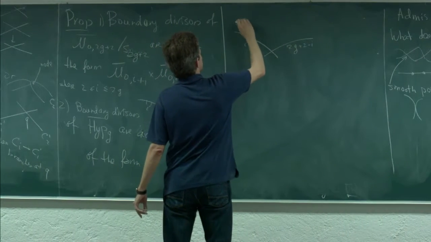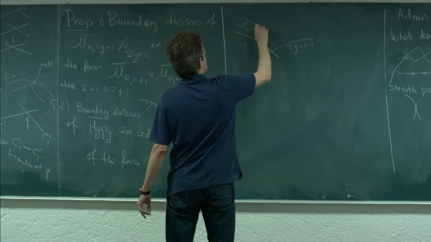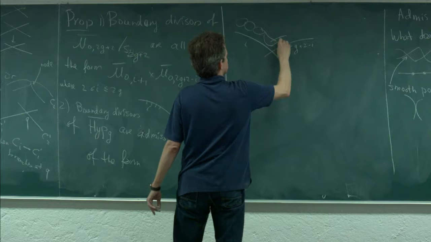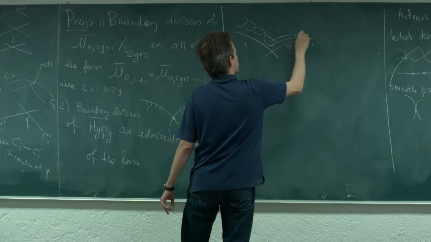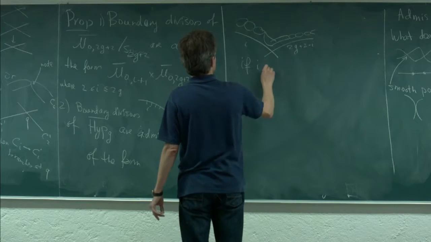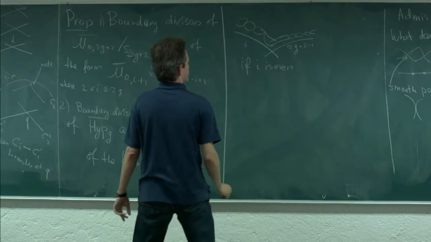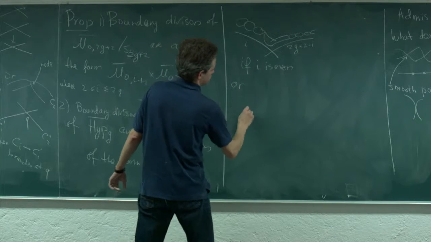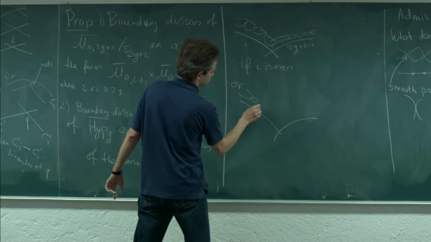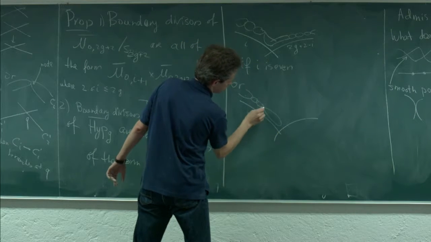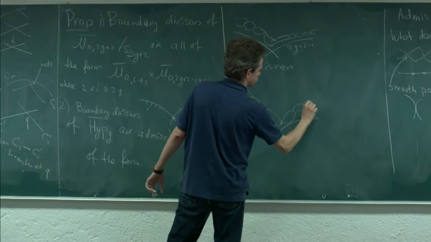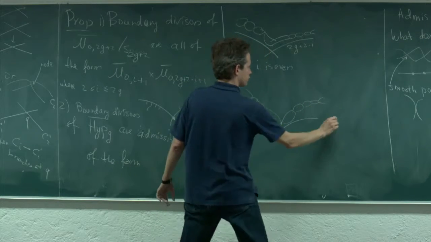And here I either have a cover that branches, and then there are two nodes, and then branches on this side. And this is possible if i is even, or the same picture if i is odd.